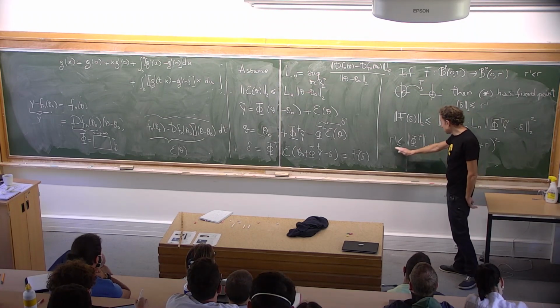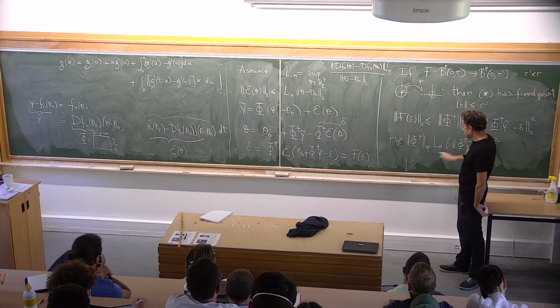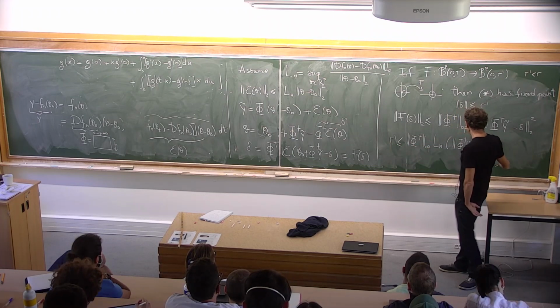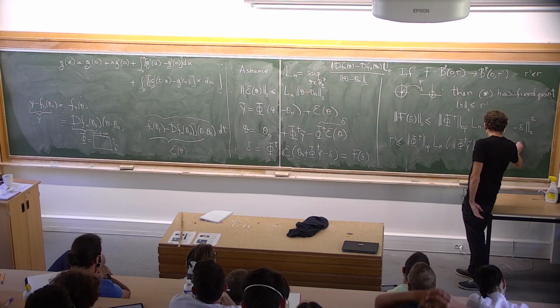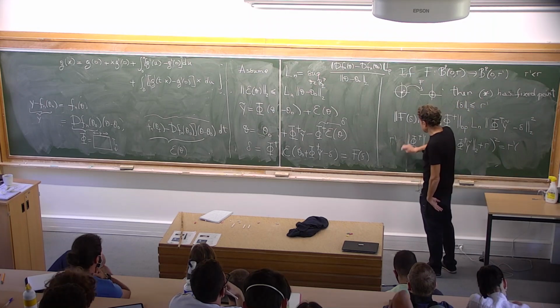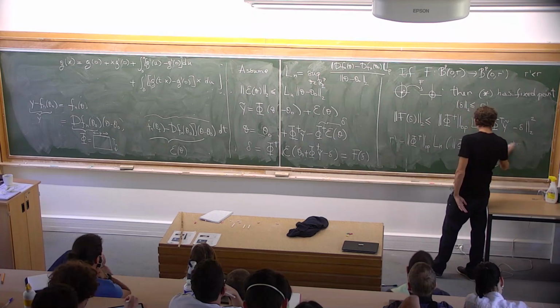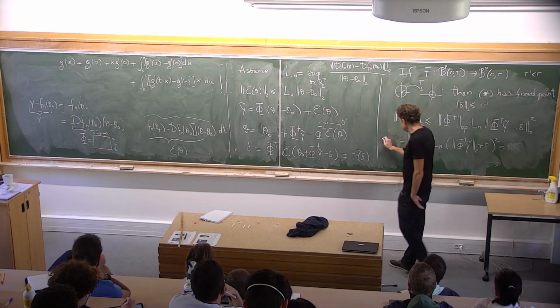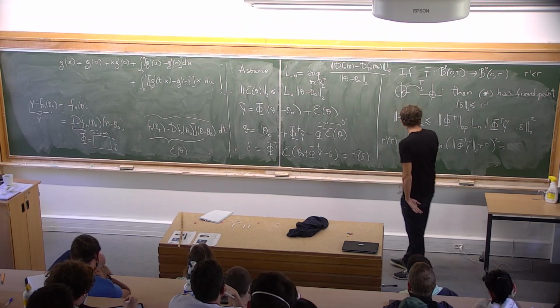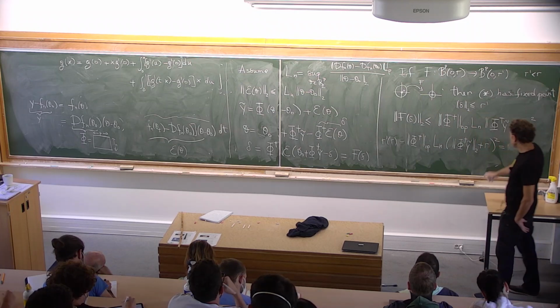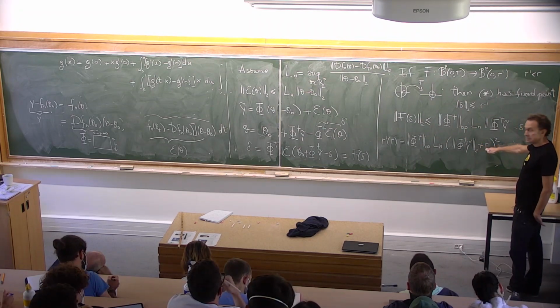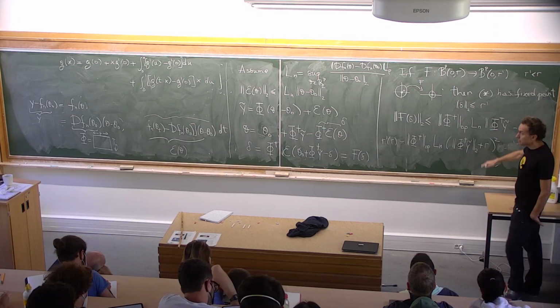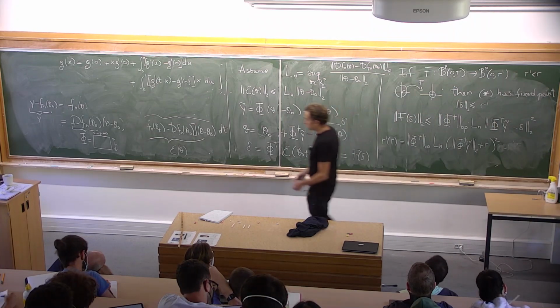Now if I find an R such that this right-hand side, so let's call this R prime, or I can define R prime to be this way, R prime of R. Okay. If I can find R such that this is less than R, then I'm in business, right?